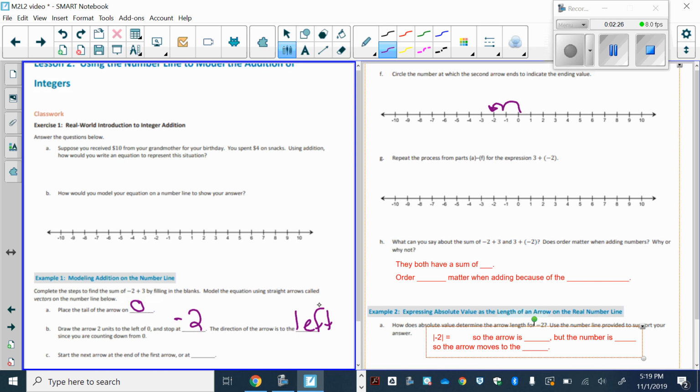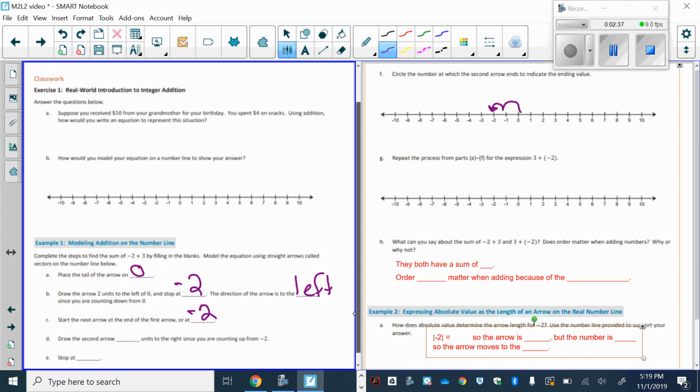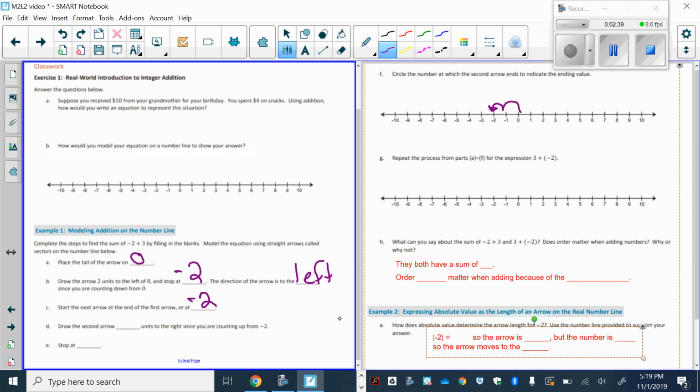You're going to start the next arrow at the end of the first arrow, or at -2. We're going to draw the second arrow 3 units to the right, since you are counting up from -2. So remember, the problem is -2 plus 3.